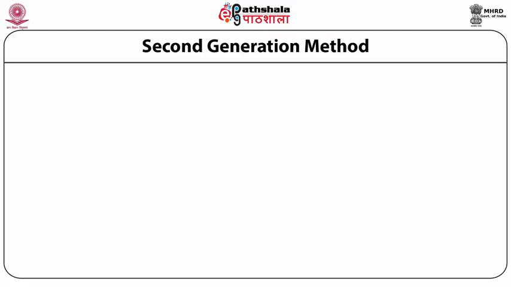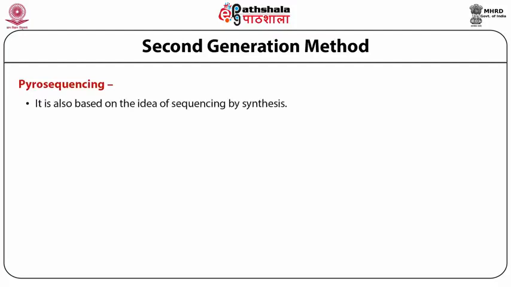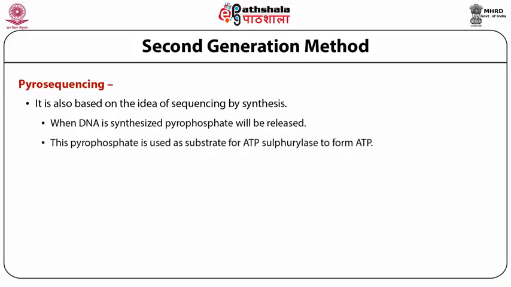The first second generation sequencing method is pyrosequencing. Pyrosequencing is based on the idea of sequencing by synthesis, same as that of Sanger's dideoxy chain termination method. So what happens here is, when DNA is synthesized, pyrophosphates are released. These pyrophosphates can be used as substrate for ATP synthesis by using the enzyme ATP sulfurylase.